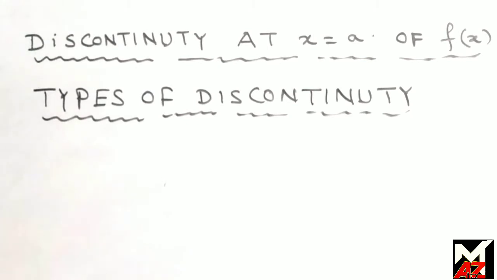Now, here we are going to discuss when a function is said to be discontinuous at a point x equal to a, and what are the types of discontinuities of a function.